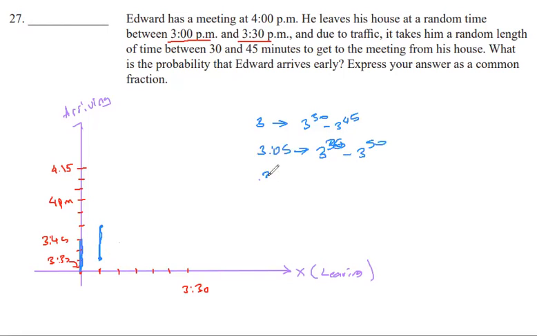I hope that will make our drawing a bit accurate, but that's the case. And if he's leaving at, let's say, 3:10, then he's going to be there between 3:40 and 3:55. And if you keep doing that, if he's leaving at 3:15, then he might be there between 3:45 all the way to 4 p.m. So let's write these as well. If this is 3:10, he's going to be there at 3:40, something right there, all the way to 55.